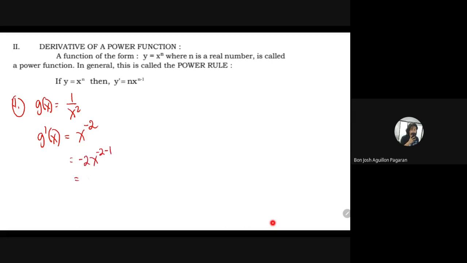So the g prime of x will be negative 2x raised to the power of negative 3. But since you still have a negative exponent, you have to get the reciprocal of that to make it positive. And thus, the g prime of x is negative 2 over x cubed. Tama na pala. Kala ko exponent pa. This is now the g prime of x.